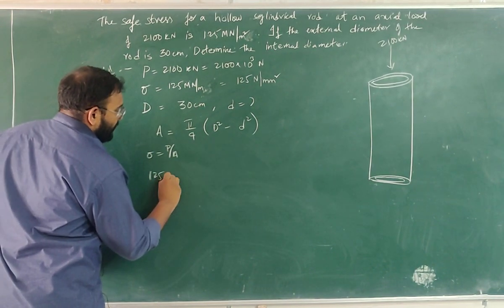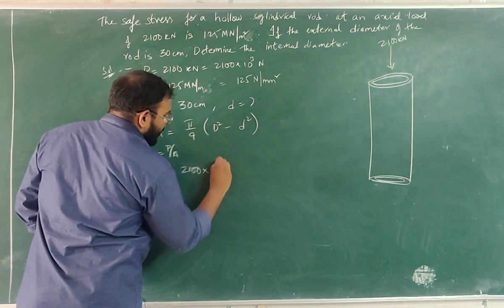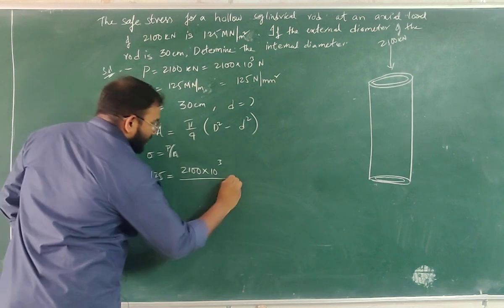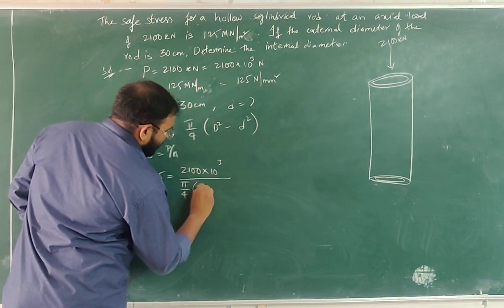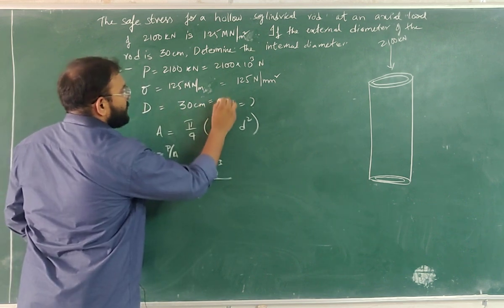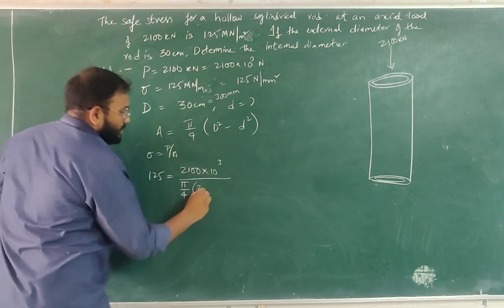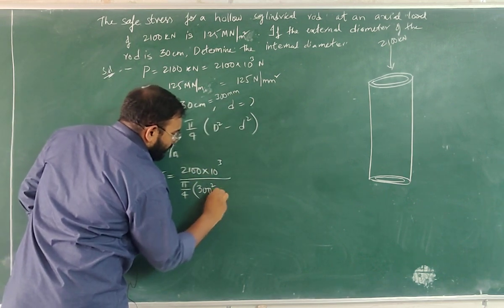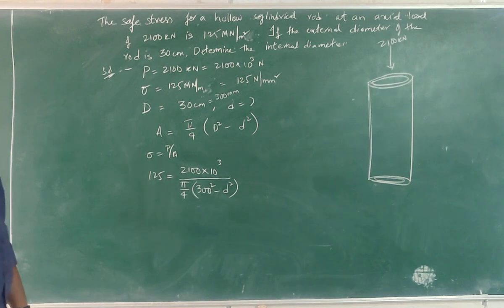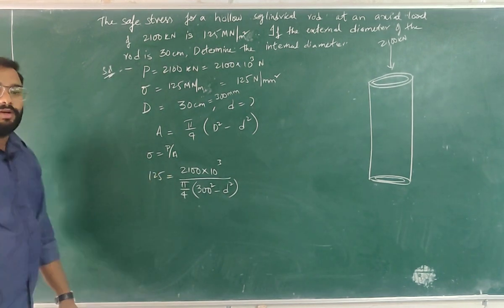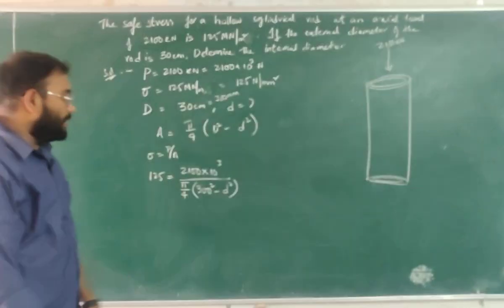So 125 is equal to 2100 10 power 3 divided by pi by 4 into 300 square minus small d square, since 30 centimeters is 300 millimeters. You can directly solve this equation in your calculators. Substitute d square as x, you'll be able to solve.